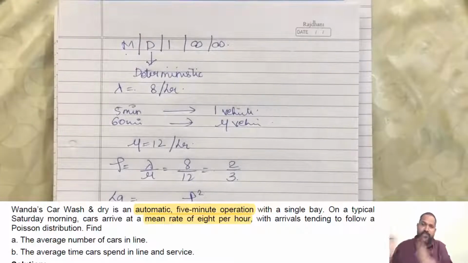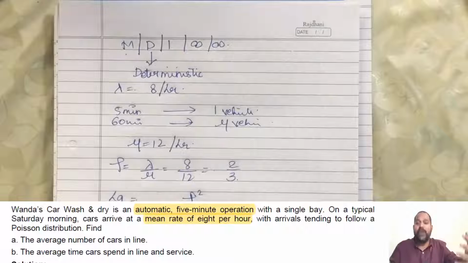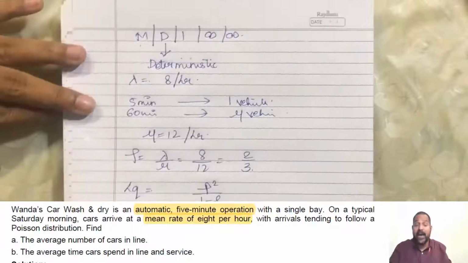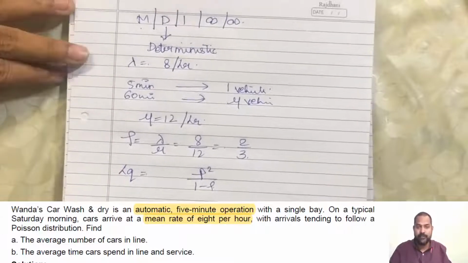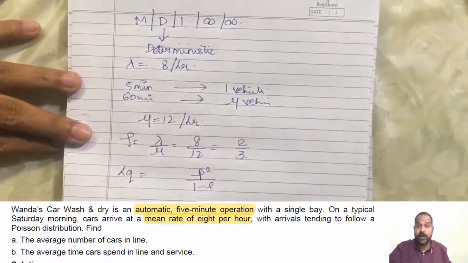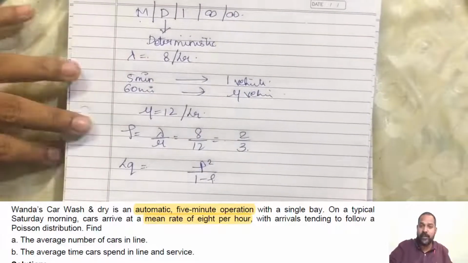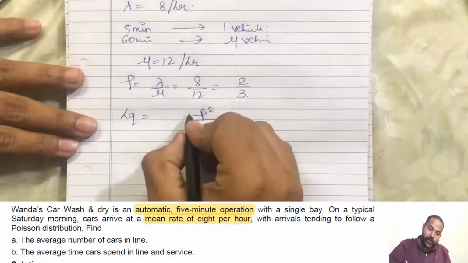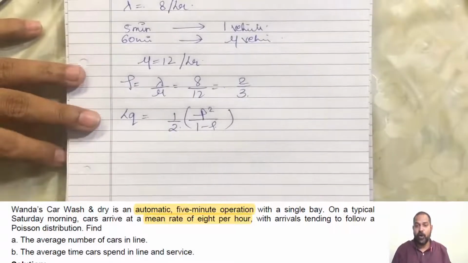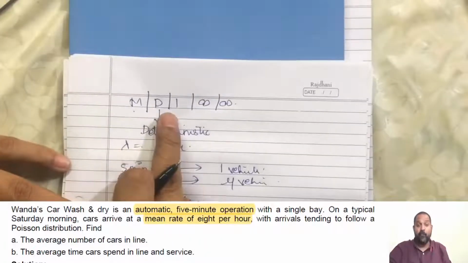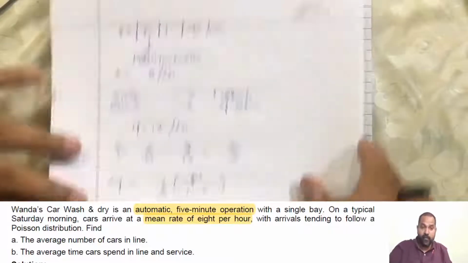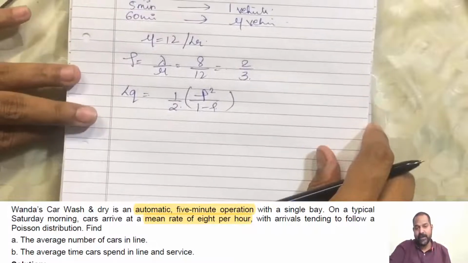If everything is very fixed, the more determined you get, the better you get at estimating values, the queue will become that much smaller and people will have to wait less. That is why in this question, because the service is deterministic or fixed, there is no random pattern in the service, so the length of the queue reduces to exactly half of the M/M/1/infinity model. In the M/D/1/infinity model, the length of the queue becomes exactly half.